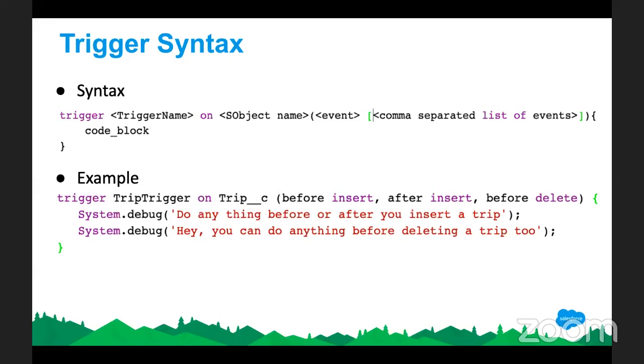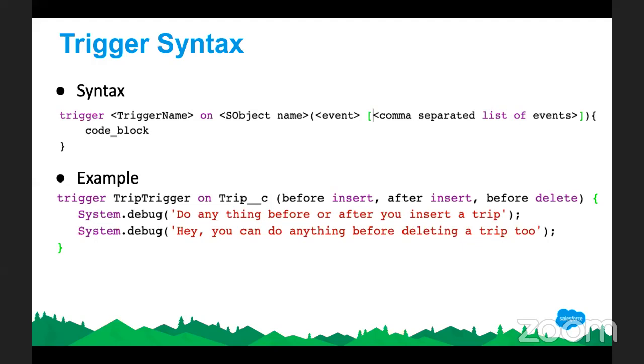Then the events. I showed you 7 events: before insert, before update, before delete, after insert. You should enter these in a comma separated list. You should have a minimum of 1, but you can have all the 7 as a comma separated list as shown in the example. In this example, I have used before insert, after insert, and before delete.